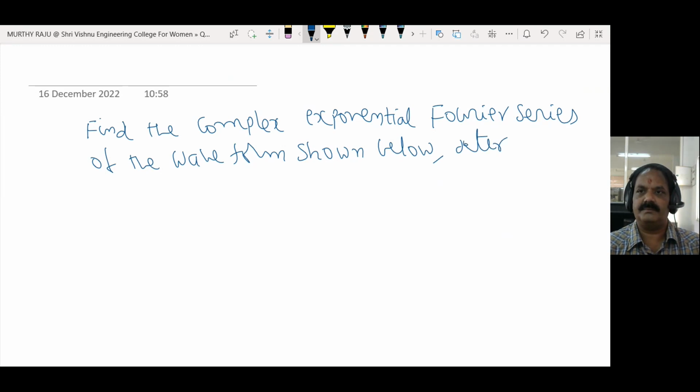Determine the complex exponential Fourier series coefficients.